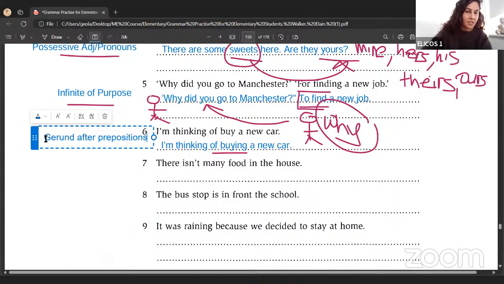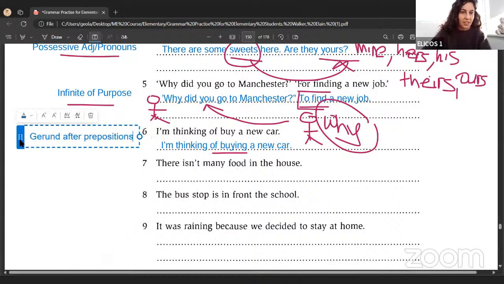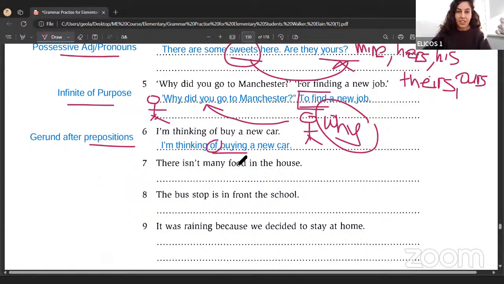Gerund after prepositions. So your preposition is the word "of", and then after these prepositions, you have to use the -ing. So: I'm thinking of buying. I'm thinking of moving to a different city. I'm thinking of studying a new course. I'm thinking of doing something. Especially when we use it with "I'm thinking", that means it's just a plan for now.